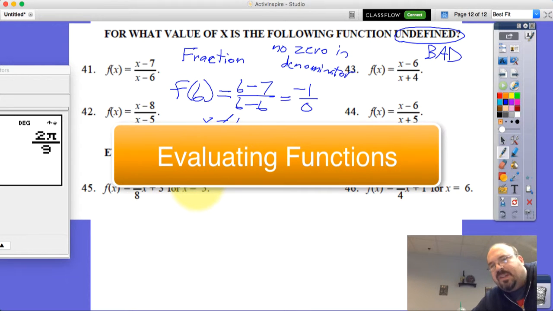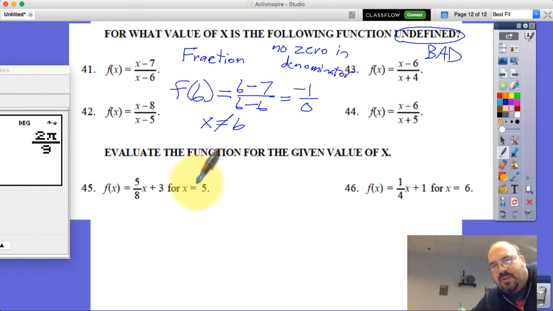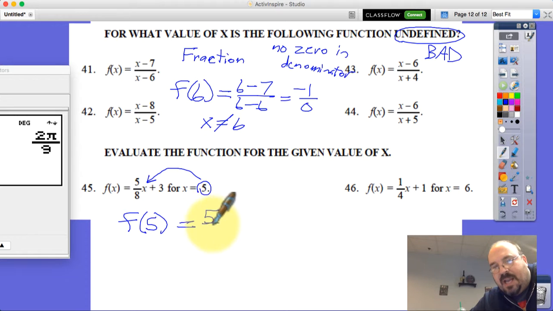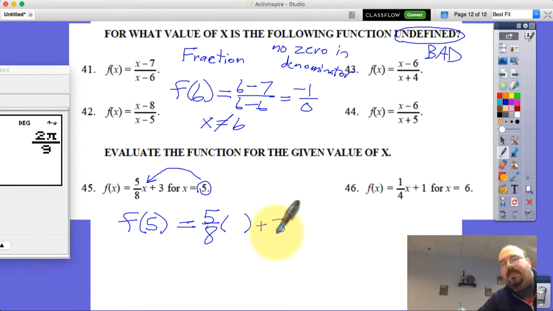So the next problem says we're going to evaluate a function. Evaluate just means take the value and plug it in for x. So if I want to calculate f of 5, I will take this function and I will rewrite the whole thing, except I'm going to pull the x out and leave a space, but everything else I'm going to rewrite.